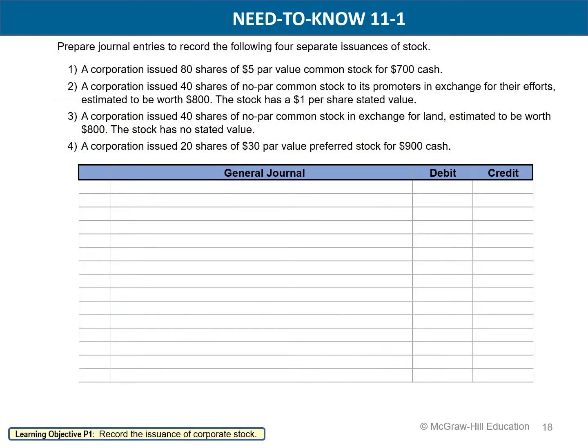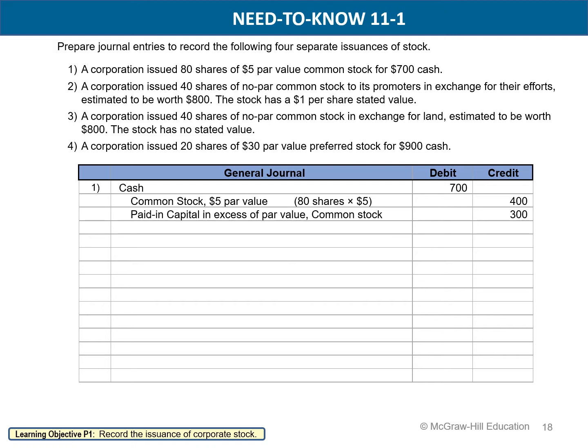All right, so let's look at an example. Prepare the journal entries for the following 4 separate issuances of stock. A corporation issued 80 shares of $5 par value common stock for $700 cash. So we know we're going to have a debit to cash for $700. They tell us the par value, so what's going to get credited to common stock is our 80 shares times our $5 par.